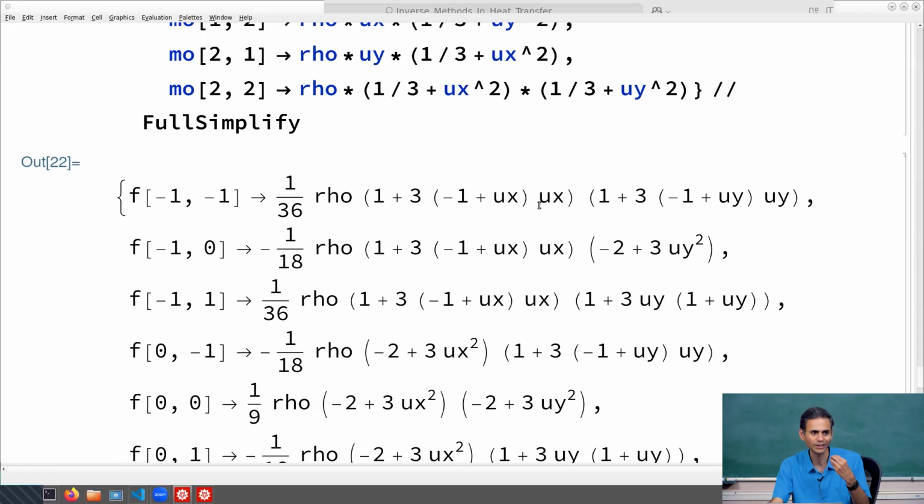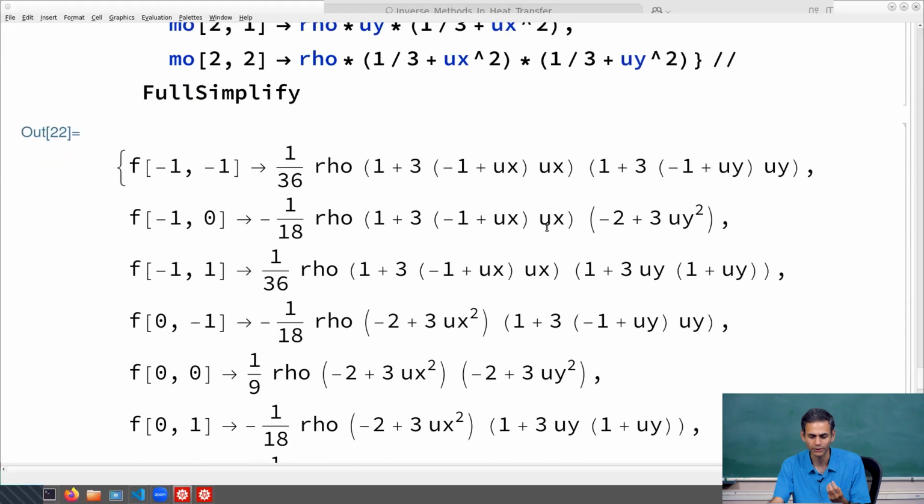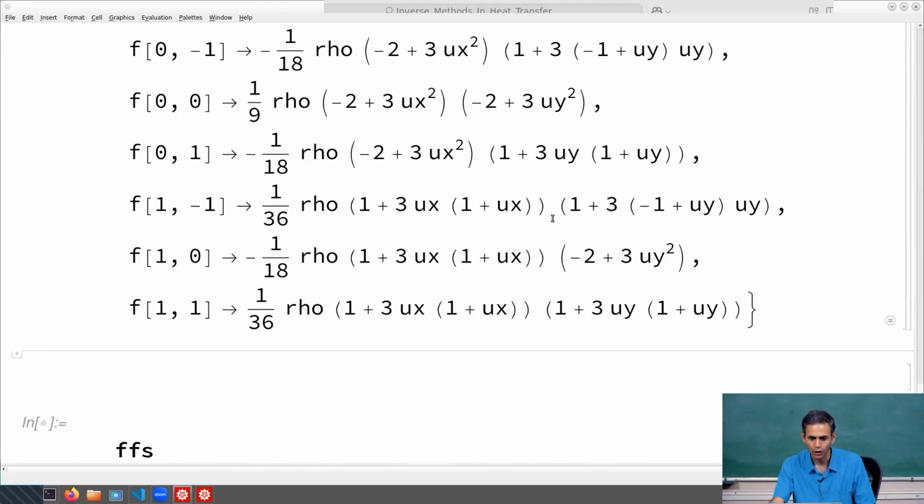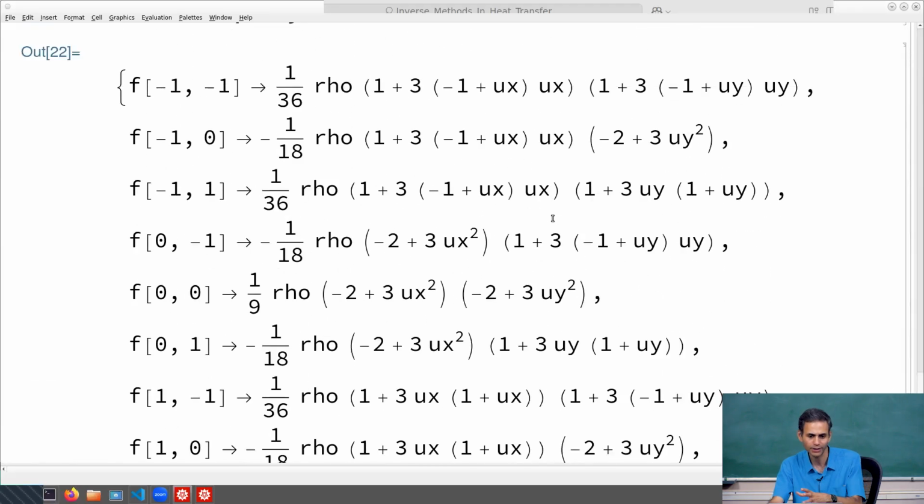So it basically gives you a simplified form of the equilibrium distribution functions in terms of rho ux uy, right. These are the macroscopic properties that you have. Now what we have to do is translate this back into the C++ code, right.